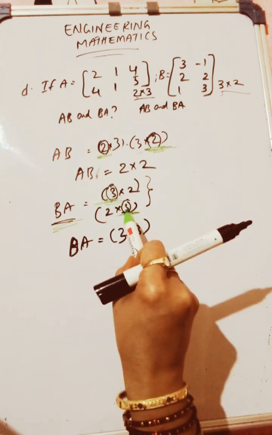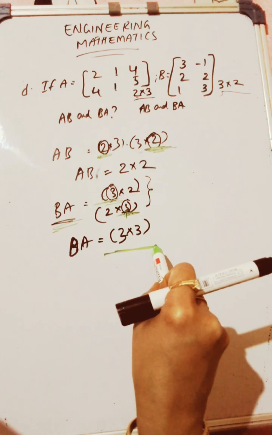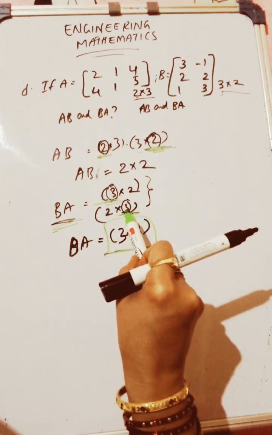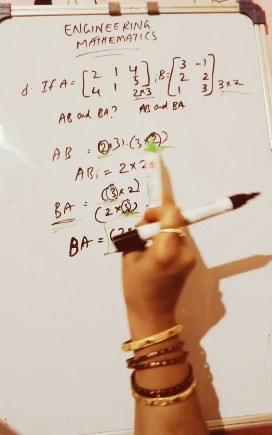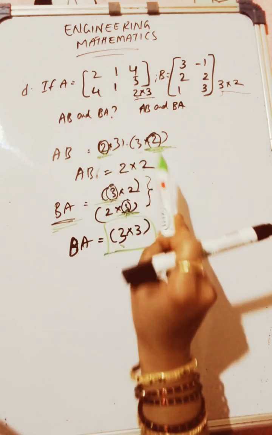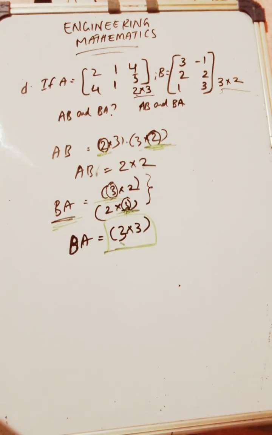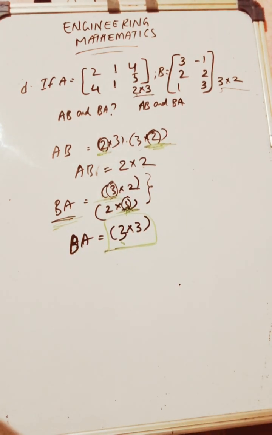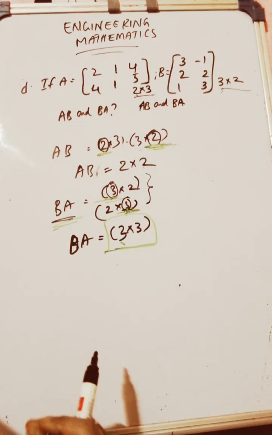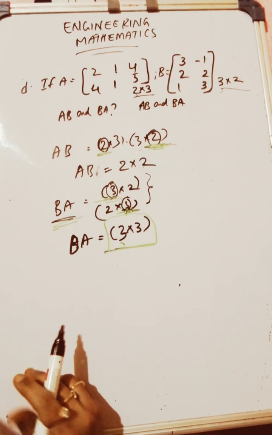Then that matrix order will be formed. Here 3 columns and 3 rows, so a 3 by 3 matrix will form. Here 2 columns and 2 rows, so a 2 by 2 matrix will be formed. Okay, the orders of these are 2 by 2 and 3 by 3. That's all, very simple.